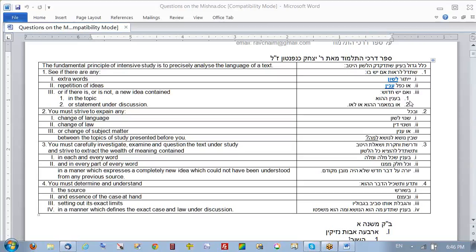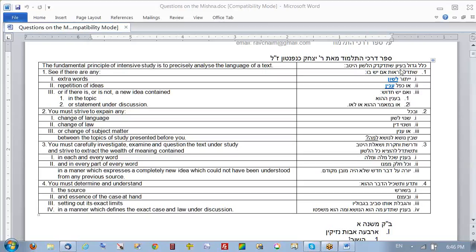Okay, so basically, just to recap, there's two basic aspects of language that we have to be aware of. One is the physical words, and two are the concepts. Both of those we're going to have to key on in order to understand the text clearly.